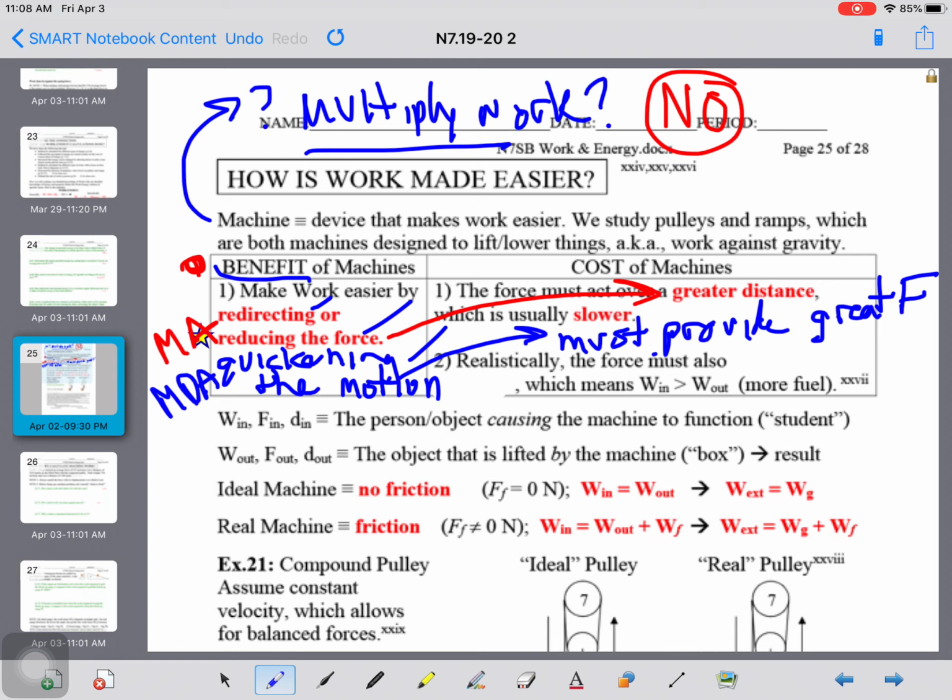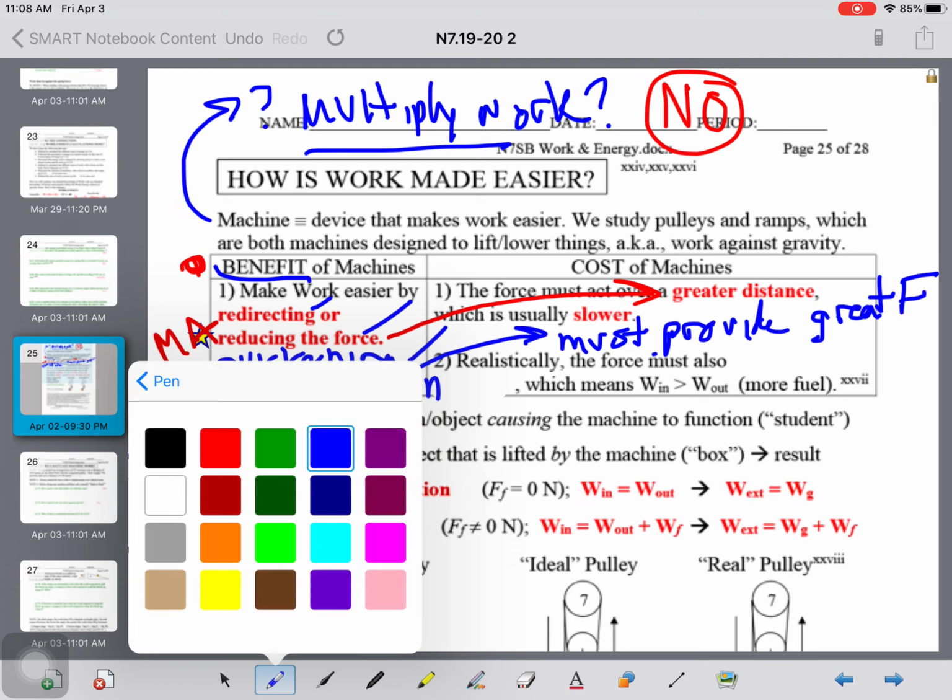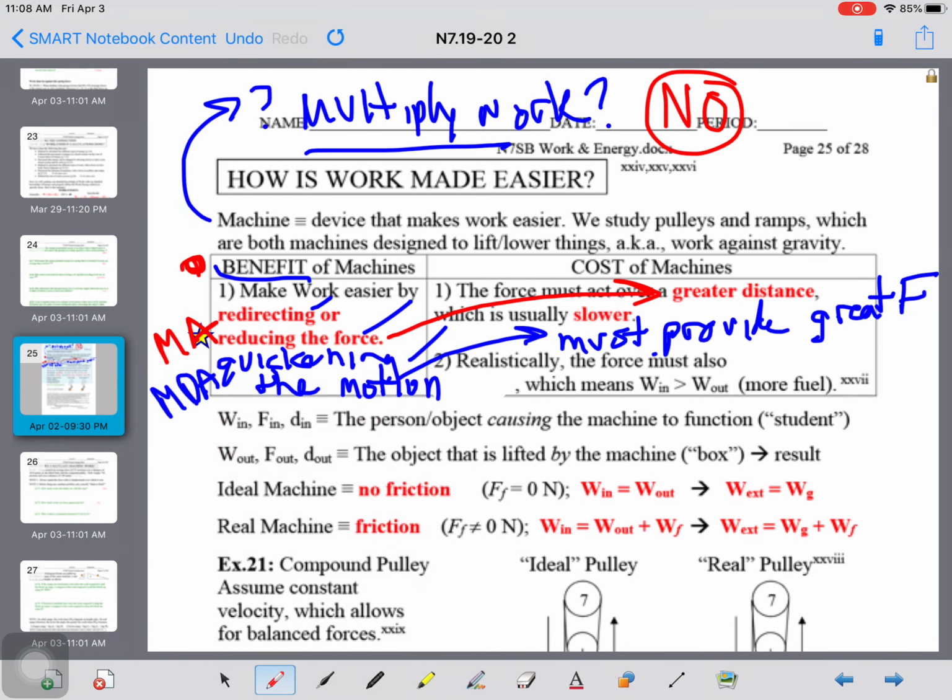So if you want the mechanical advantage of reducing the force, of basically making it easier to pull something, well then you have to act over a greater distance. A simple example of this is a ramp. If you want to go upstairs to get from one floor to the next, or to enter a building, to go up the stairs, it requires some more force, but you get there in 1, 2, 3, 4, 5 steps.